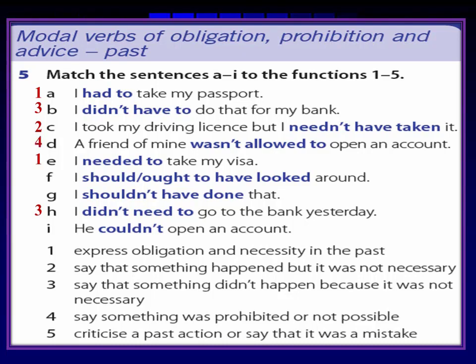Good. It's wasn't allowed to or couldn't. What about 5? If I want to criticize a past action or say that it was a mistake, we use what? One of should or ought to have plus verb 3, or shouldn't have plus verb 3.